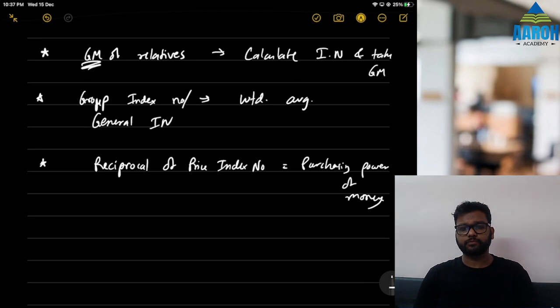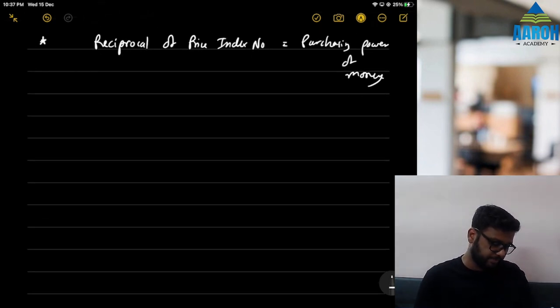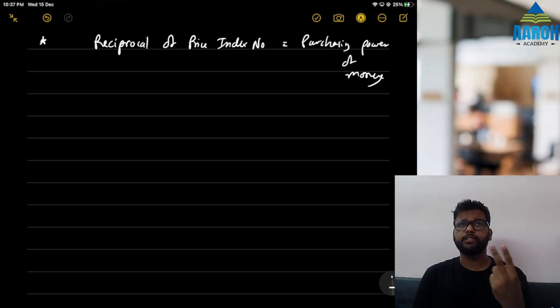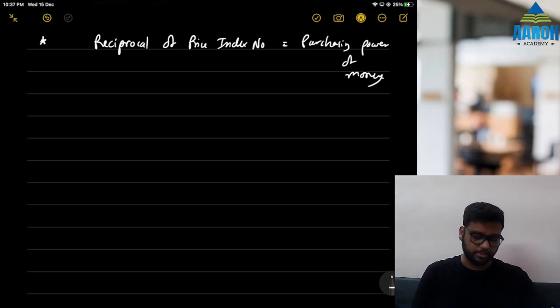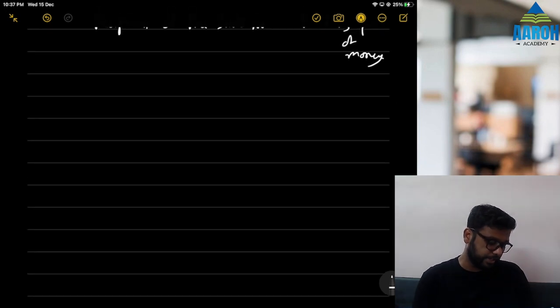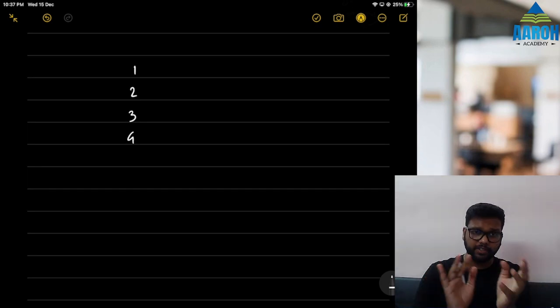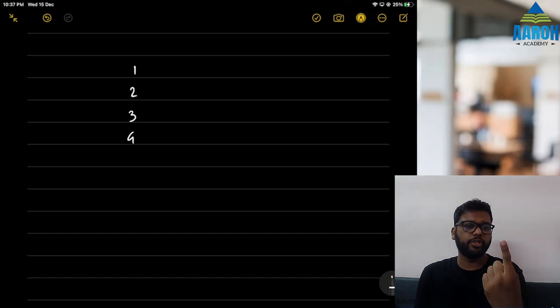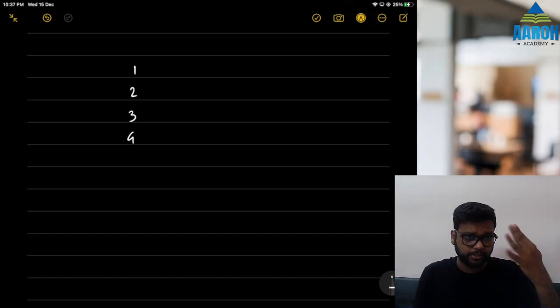There is one more concept called deflating, but like I always say in class, concepts like deflating of time series, change of base, conversion of chain relative to link relative, none of these methods require any formula. Always go by ratios. Like for example, if you know for any year, let's say year 1, 2, 3, 4, you should be able to convert years of index numbers easily. Then you don't need to remember any formula of chain to link, link to chain, change of base, deflating time series, nothing like that.